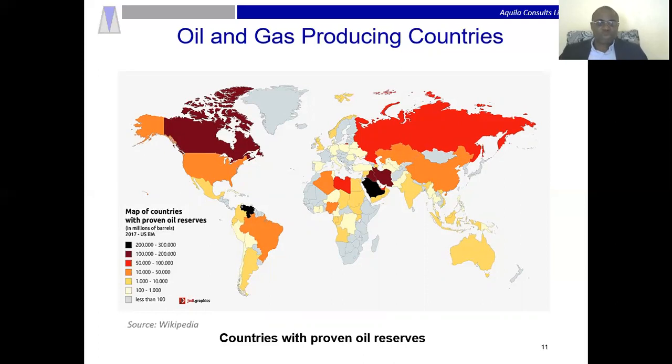They have about 200 billion to 300 billion in reserve. And then they are followed closely by Russia and I think Algeria here. Then followed by USA, Brazil, Nigeria, China, and others. So you could see the distribution by proven reserve in this chart.